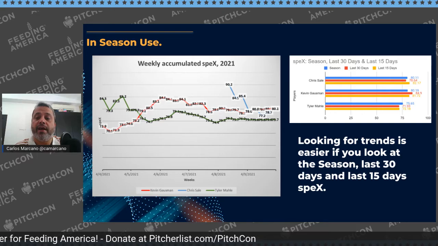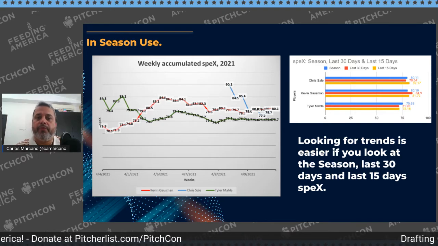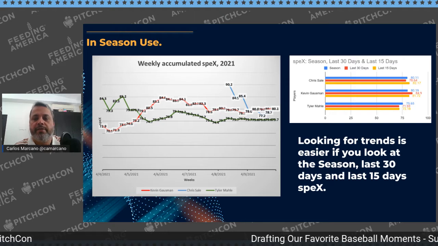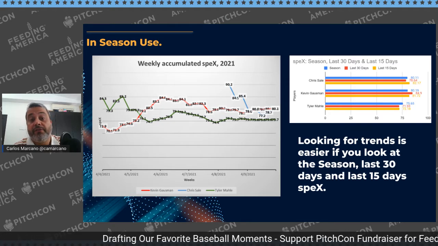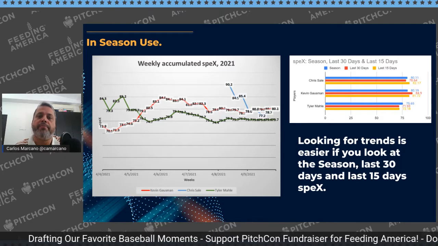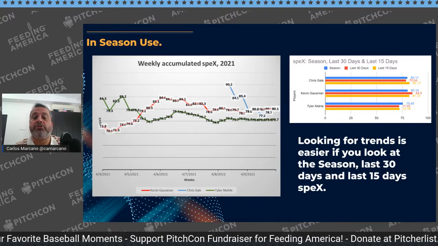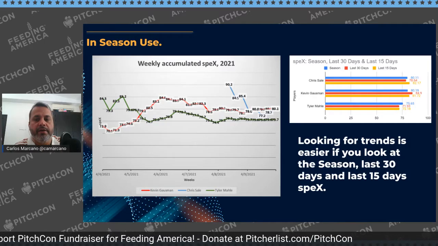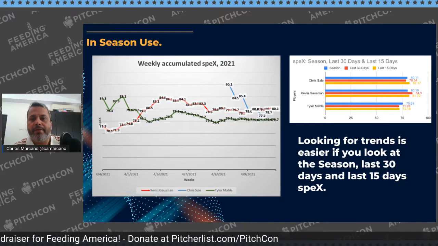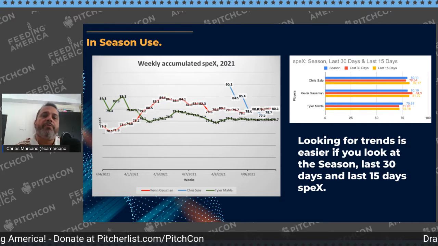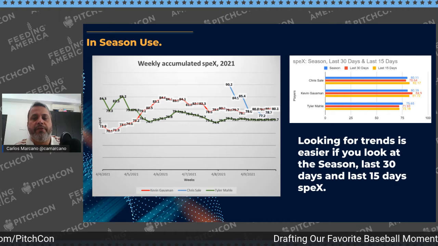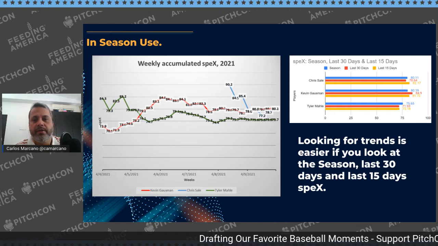One thing that I found helpful was to put season SpeX, last 30 days SpeX, and last 15 days SpeX together, and that way you can see the trends easily. You can see, okay, the guy is just underperforming for the season, but you can see the trend for the last 15 and 30 days.